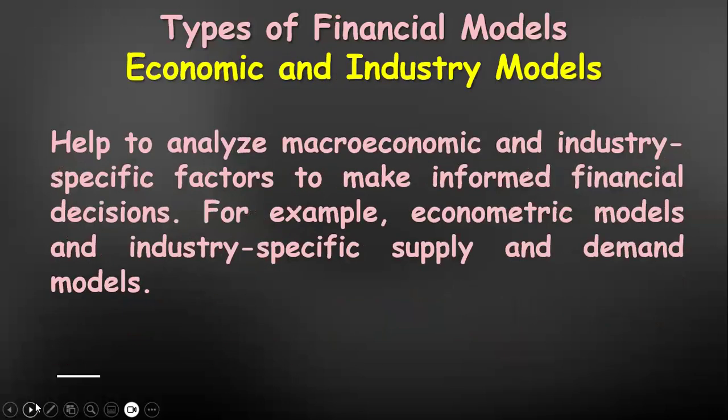Thereafter, economic and industrial models help to analyze the macroeconomic and industry-specific factors for making informed financial decisions. Here it's very important, before evaluating the industry, to see whether the industry is under capacity or over capacity. Under capacity means the consumers are more than the industrial capacity. In that case, there are chances that your product will be in market demand.